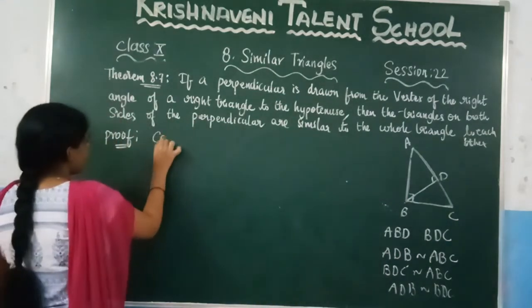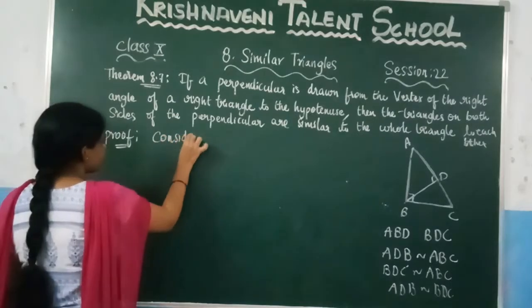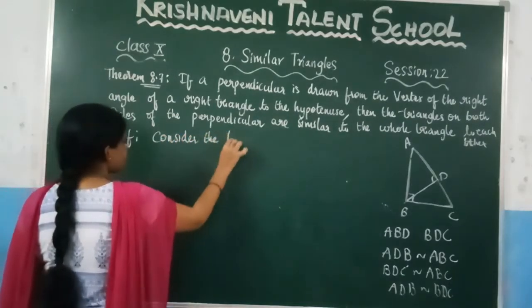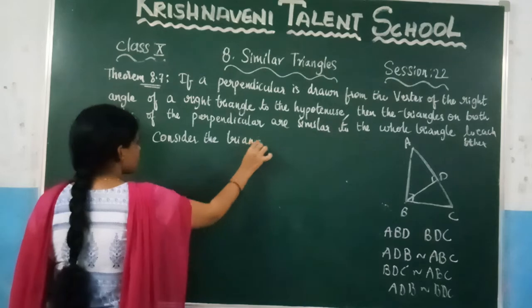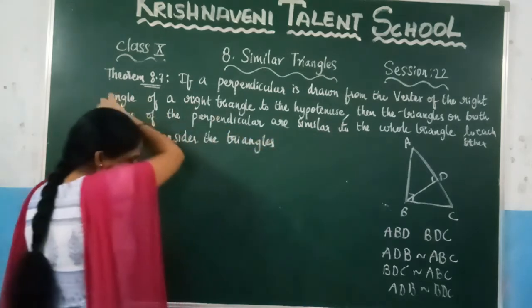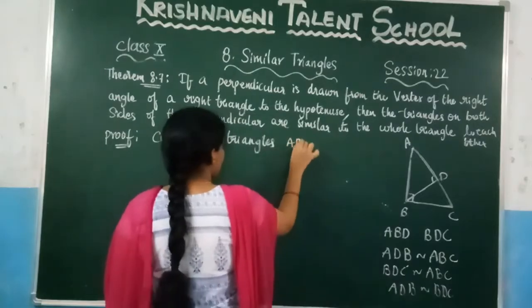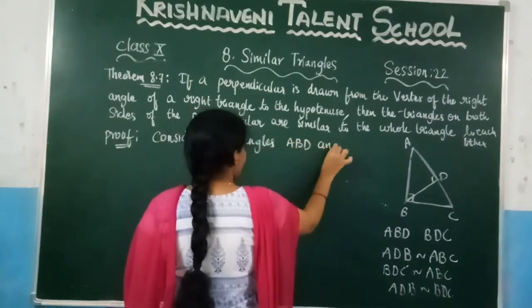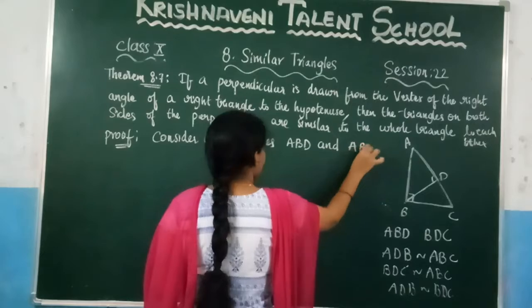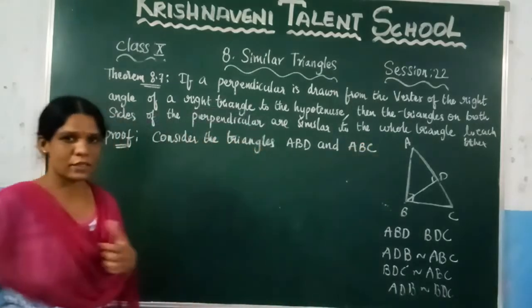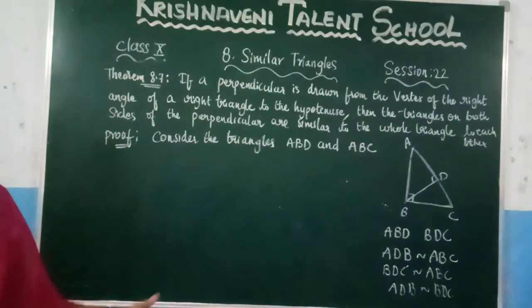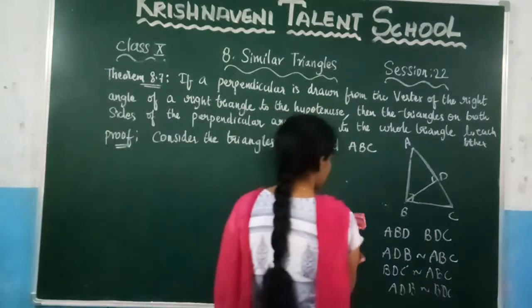So write it here. Consider the triangles. What are those triangles? The smaller triangle, which is ABD, and the bigger triangle, which is ABC. Right? Now let us consider these two triangles and we need to prove first these two triangles are similar.